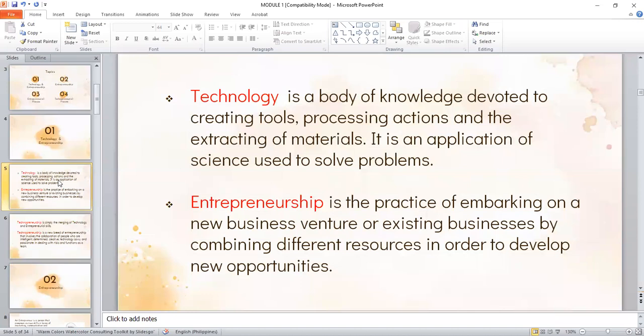So we use science, we invent things, we innovate on the things that are old, and we make them more easy for us in our current time.